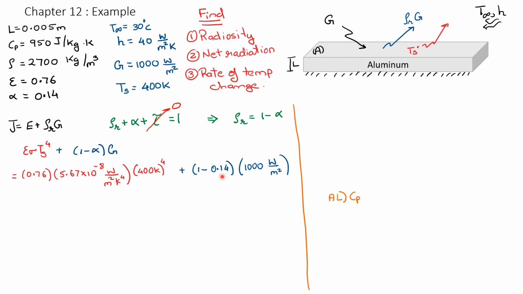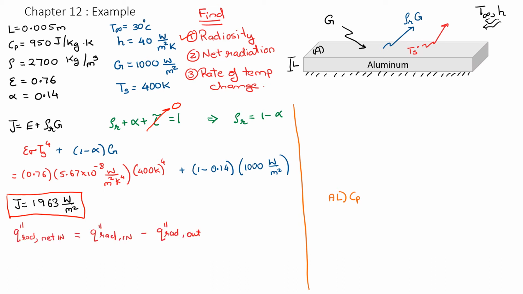Alpha is 0.14, and the irradiance is given to be 1000 watt per meter square. So this gives us the radiosity to be 1963 watt per meter square. So we are done with part 1. We found out the radiosity, or how much radiation is leaving the aluminum surface.